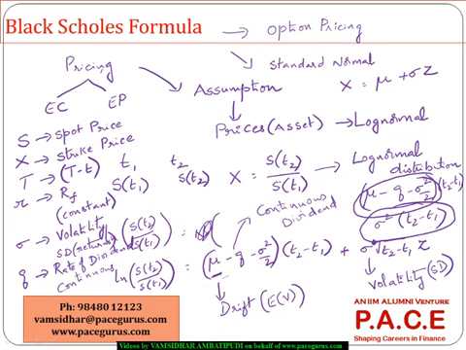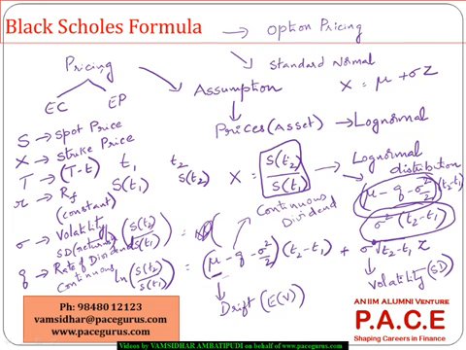The main underlying assumption is that stock prices, or asset prices, follow a lognormal distribution. In that, we are seeing that the ratio ST2 divided by ST1 is the one which is lognormal, and the parameters of that are going to be this.